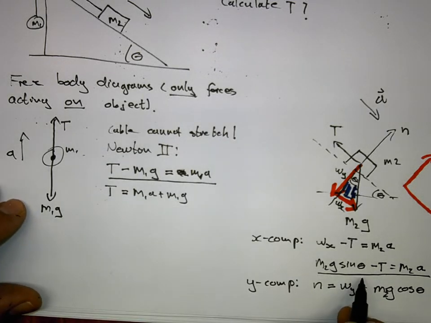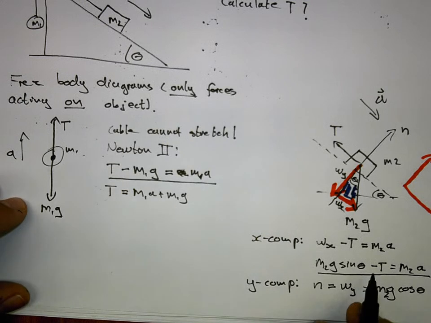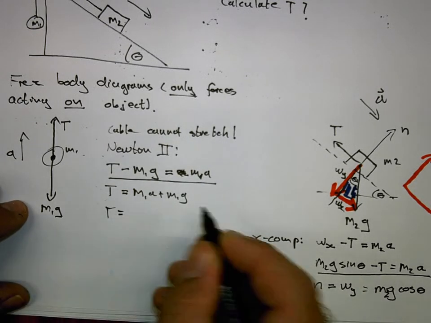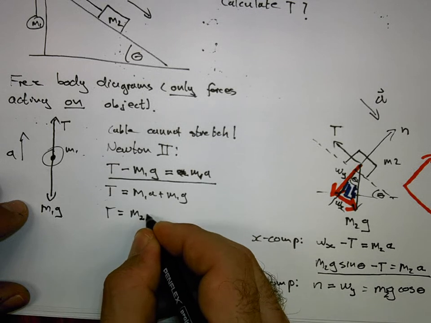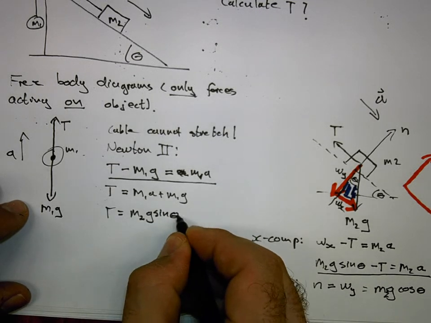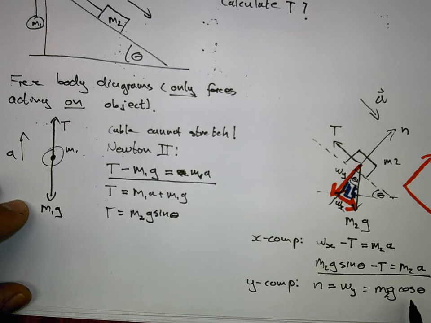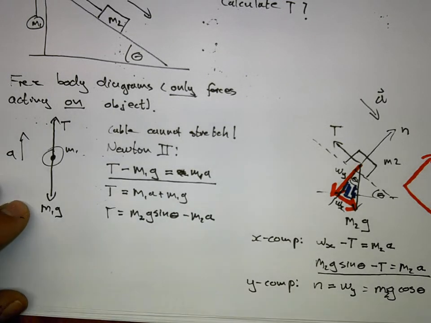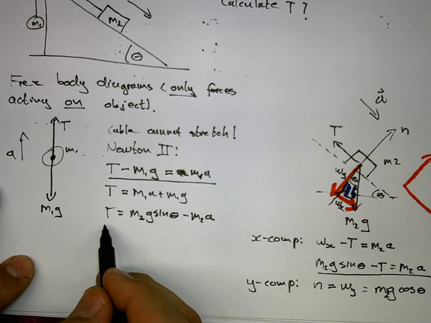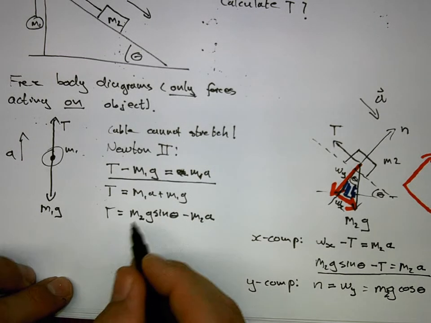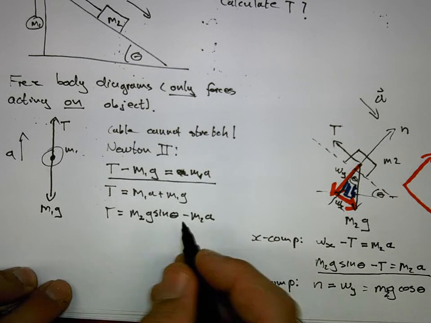If we write this in terms of the tension, we get that the tension will be equal to m2g sine theta minus m2a. So we've got the same quantity, so we can equate these. So we can write these two equations as the same thing.